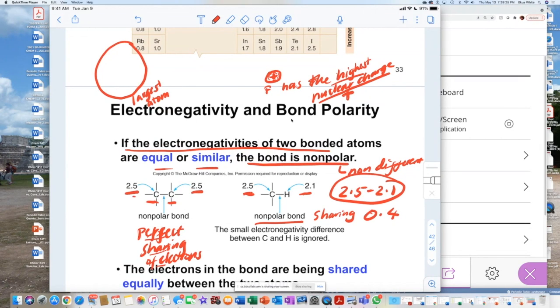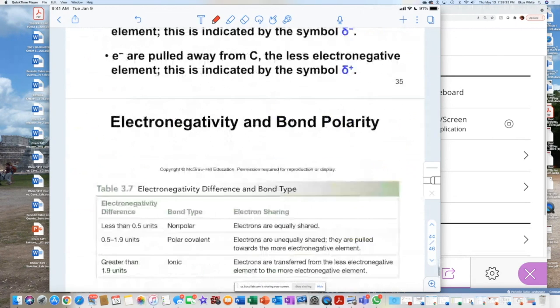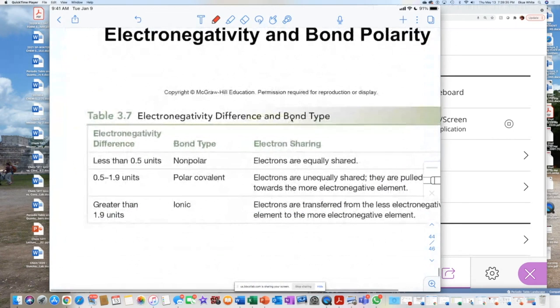Here they all have the same electronegativity, 2.5 minus 2.5. The difference is 0. So there's a chart here that tells you the type of bond we're looking at. If you have a difference in electronegativity of 0.5 or less, that bond is judged as nonpolar, and we can conclude electrons are being shared equally.